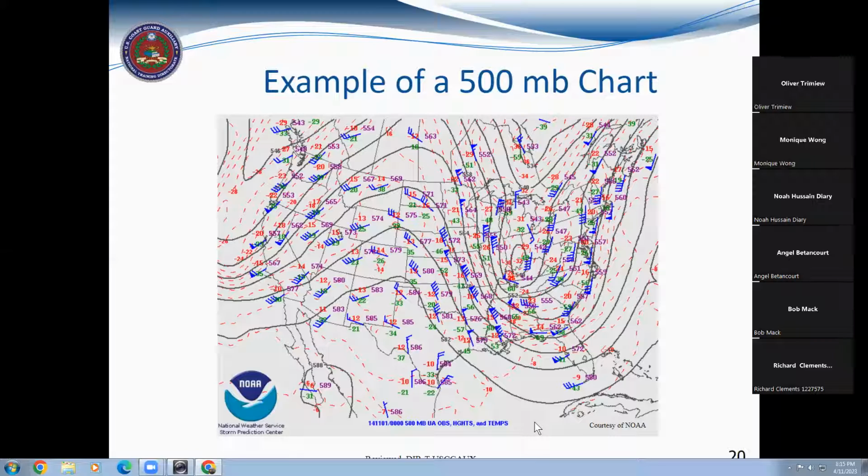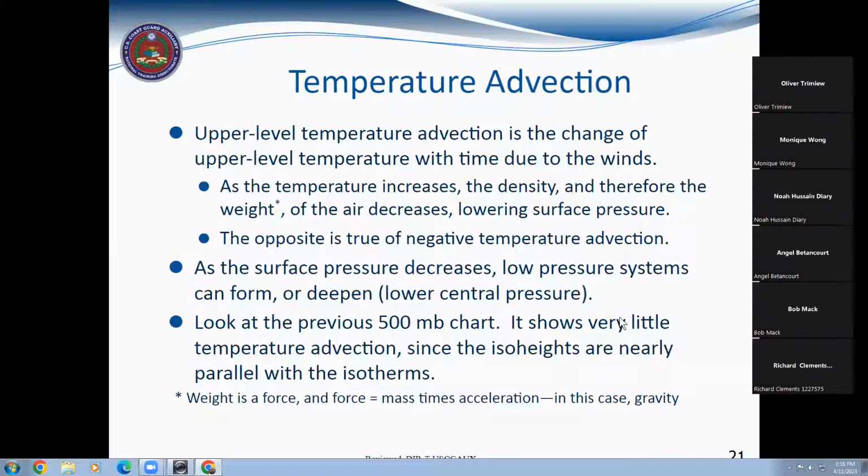Yeah, I see what I'm doing. How's that? Better? Not yet. No change, Bob. All right. Is that any better? Yeah, now there's a temperature advection slide. Okay.